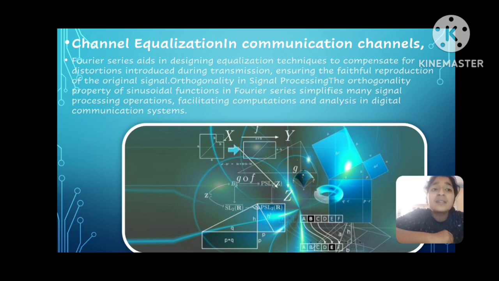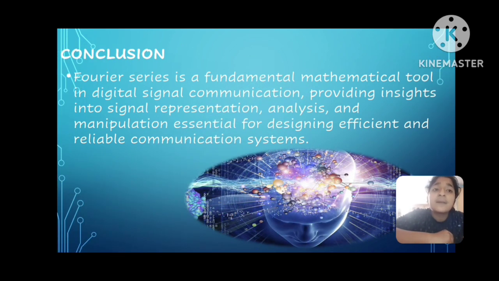Orthogonality in signal processing: the orthogonality property of the sinusoidal functions in the Fourier series simplifies many signal processing operations, facilitating computations and analysis in digital communication systems.